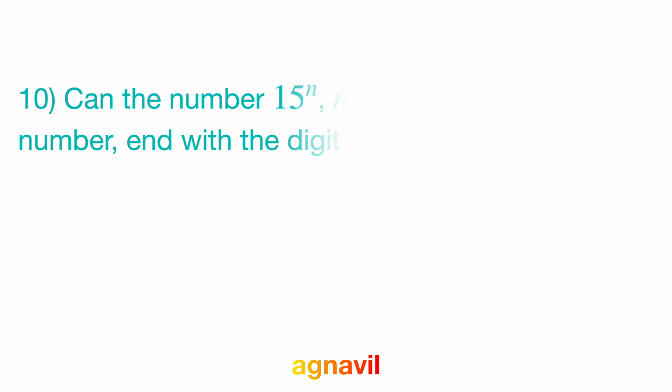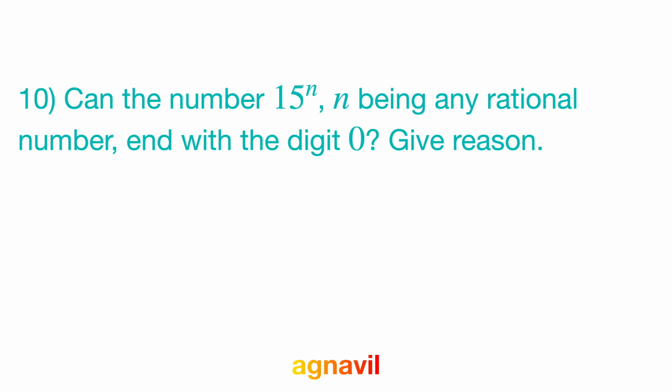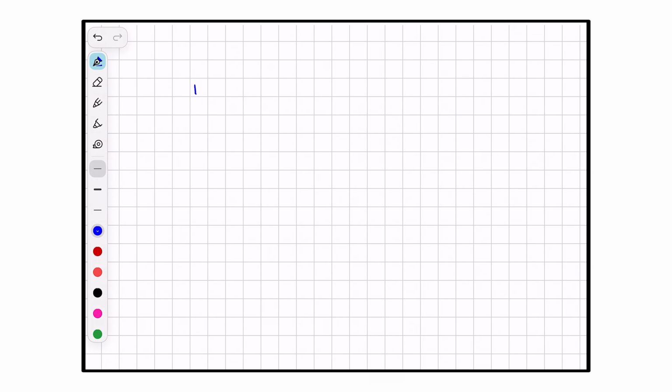Can the number 15 power n, n being any natural number, end with the digit 0? Give reason. So first of all, for any n, 15 power n we can rewrite as 3 into 5 whole power n, or 3 power n into 5 power n.